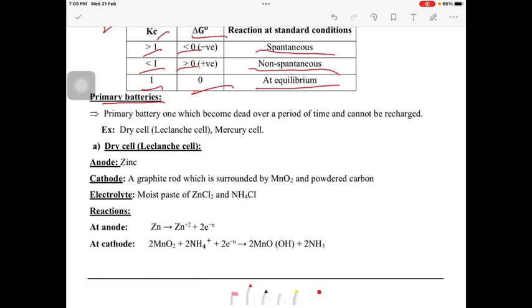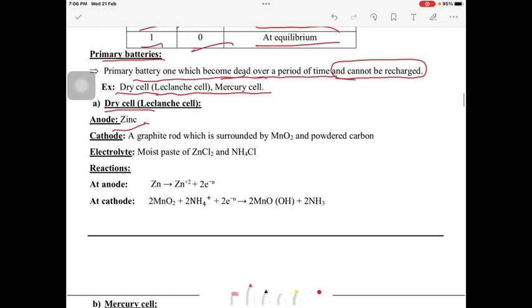Primary batteries. Now about batteries, electrochemical cells. A primary battery is one which becomes dead over a period of time and cannot be recharged. Examples: dry cell, Leclanche cell, mercury cell. Dry cell: anode, zinc; cathode, graphite rod surrounded by MnO2 and powder of carbon.